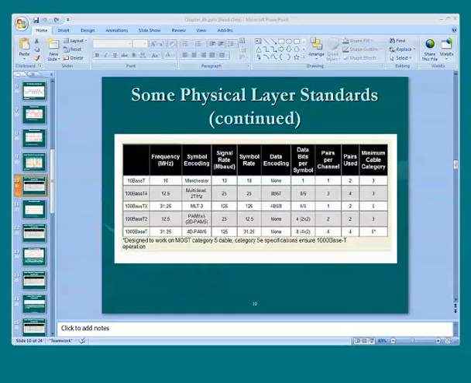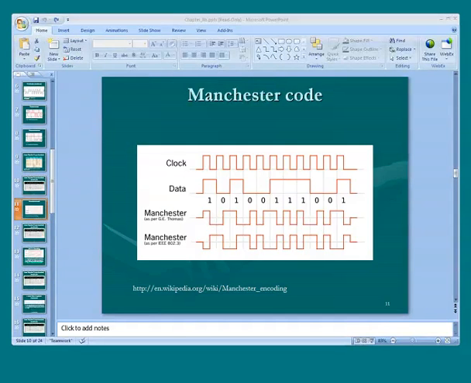We see that there are 2 Manchester encoding schemes. We're going to focus on the IEEE 802.3, which is Ethernet, and we note that the time slots are marked by light, solid gray lines.